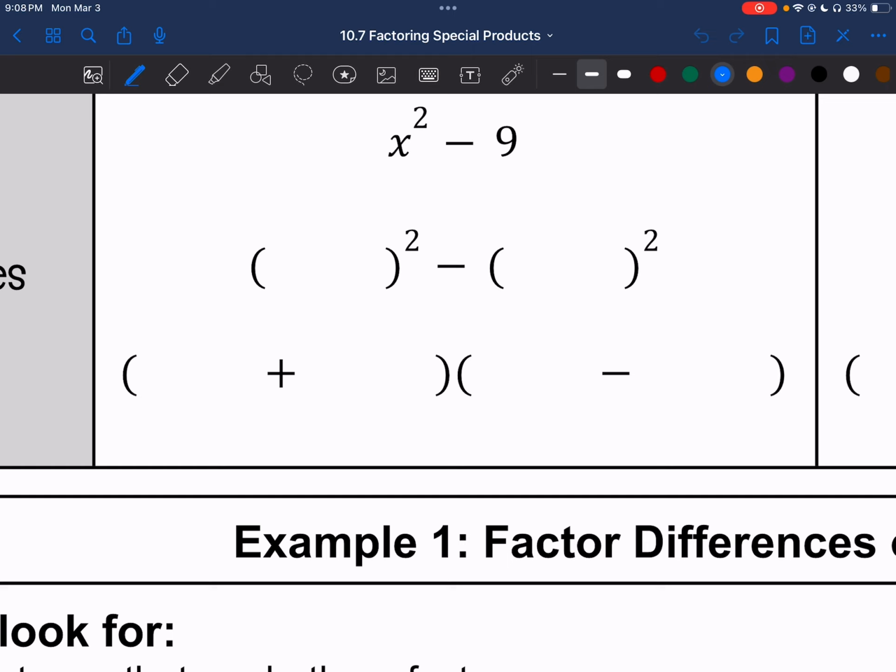The first term is x squared, and our second term is 3 squared. So x squared minus 9 is x squared minus 3 squared. Then we just rewrite it as x plus 3, x minus 3. Difference of two squares is literally that easy.